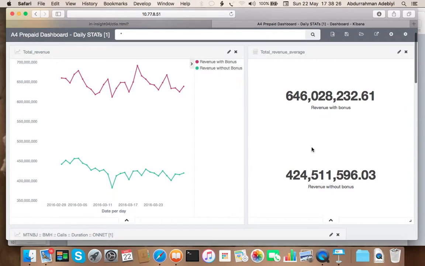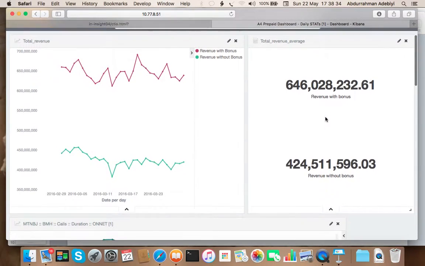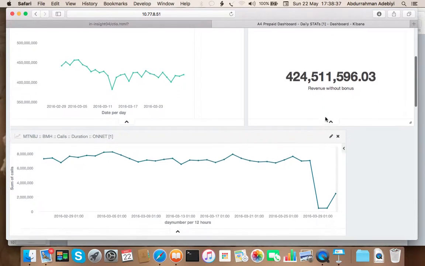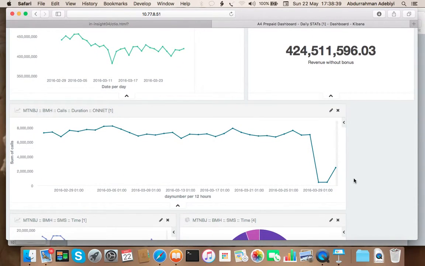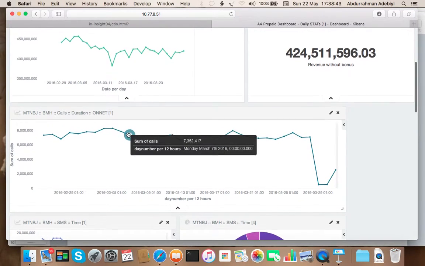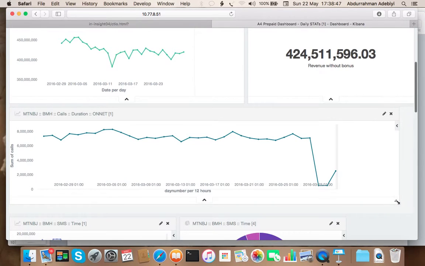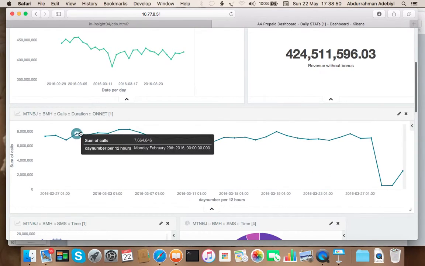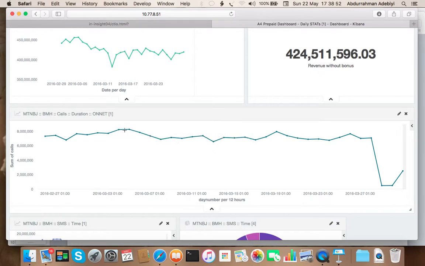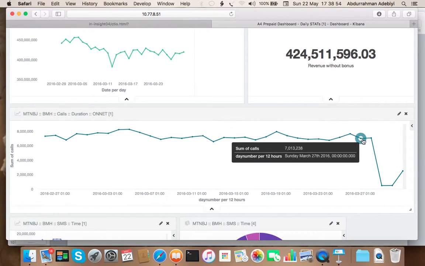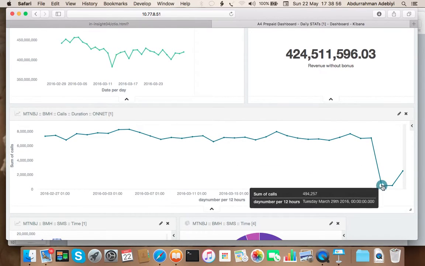Looking at total revenue, we can see the revenue without bonus. We've seen that almost half of the revenue is going through the bonus. Wow. We could also look at the duration, and we can see on-net calls peaking at 8.2 million, but they came to a low.